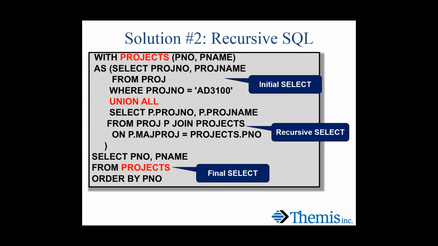In DB2 LUW, and I'm not real sure for the reason of this, you have to use the old syntax. So actually, as I show it here, this example only works on ZOS. You would have to slightly change that recursive select to use the older join syntax. In other words, instead of the word join here, you would have a comma. Instead of the word on here, you would have a where, right? But other than that, it would be identical.